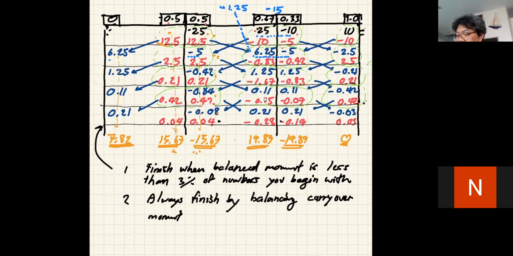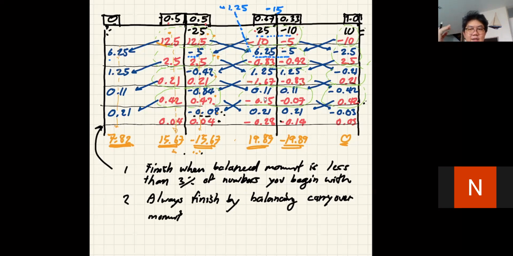From time to time, there'll be students who carry the moment over like this and don't balance them. So when you carry the moment over and you don't balance them, it means that one of your cycles is not finished, and therefore in the end your sigma moment will not be zero. And to me that spells disaster, because it could be viewed as you don't know what you're doing.